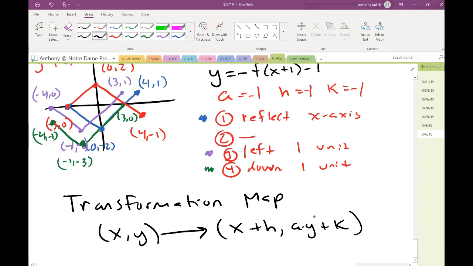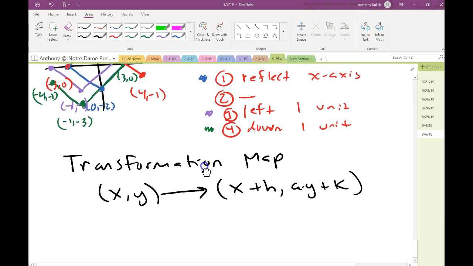So what I can do is take my original points from f of x, and do the following to each of the x's and y's based on the values for my a, h, and k. And what will spit out are the points in my green graph.